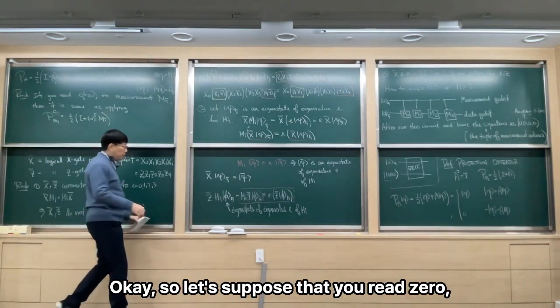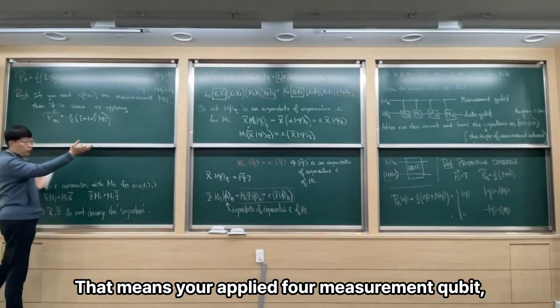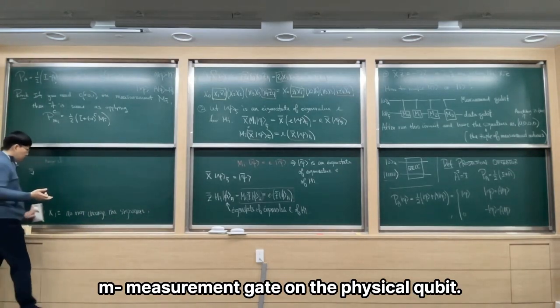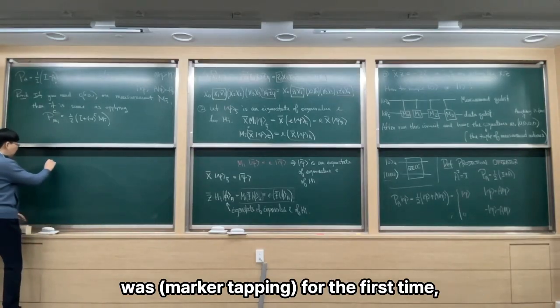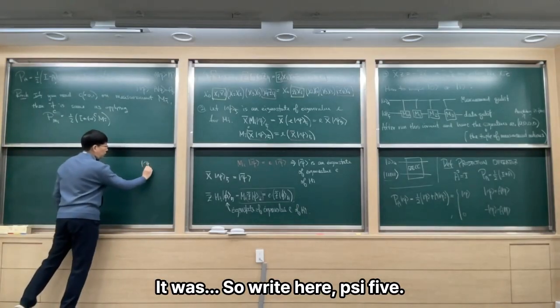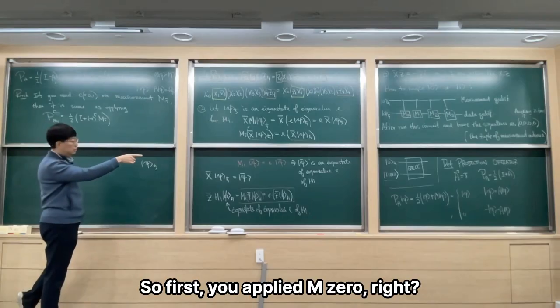Okay, so let's suppose that you read 0, 0, 0, 0 at the end of the measurement. That means you applied 4 measurement gates on the physical qubit. So whatever your quantum state was for the first time, let's say right here, psi 5. First you applied M0, right?